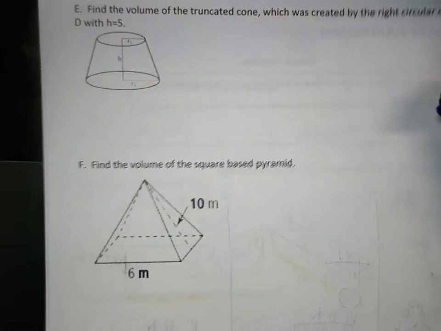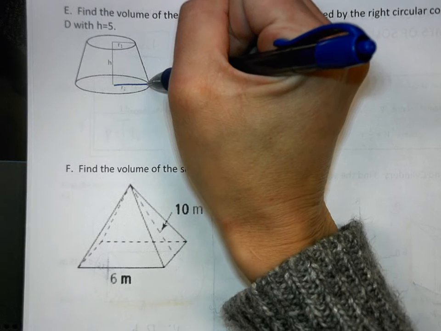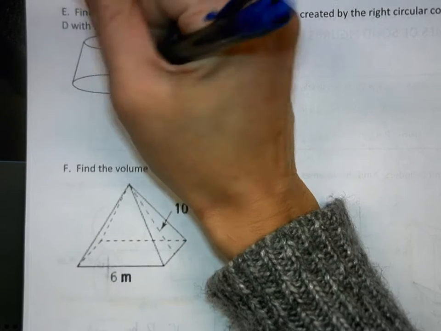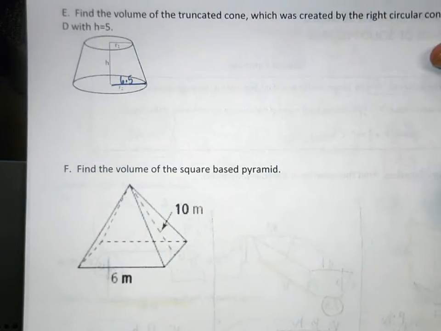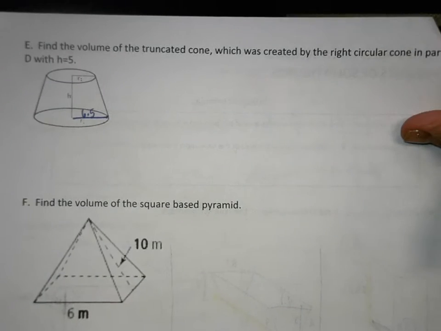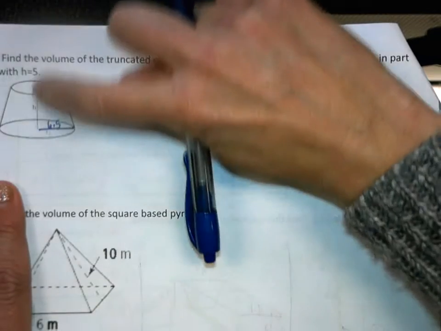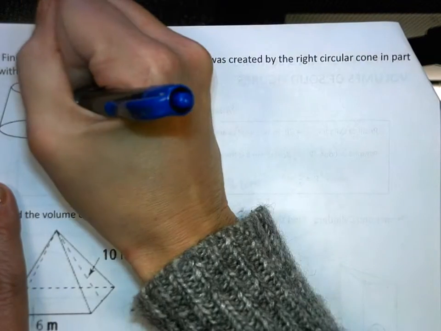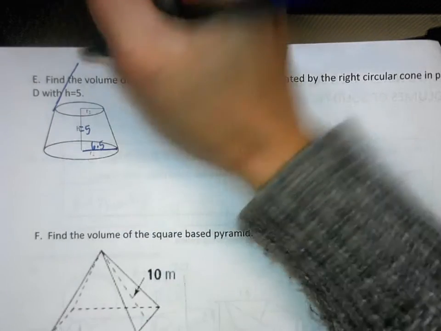Looking at this figure, we know this radius right here is how much? What was the radius on the previous figure? 6.5. Okay, good. We also know, if you look at this problem here, they're telling us this height right here is what? 5. Now, I like to redraw my big figure, so I'm going to try to draw this.